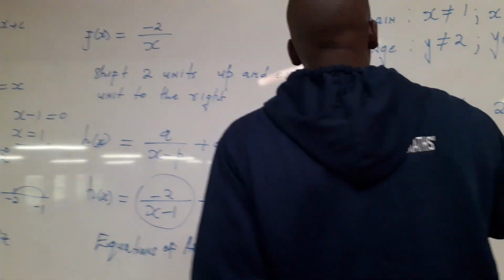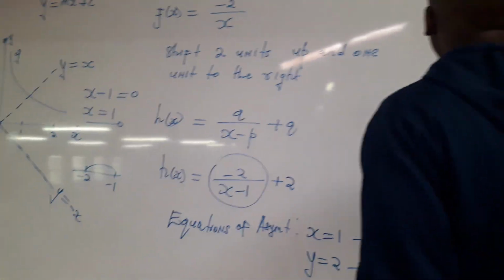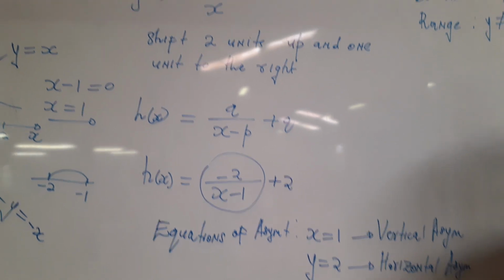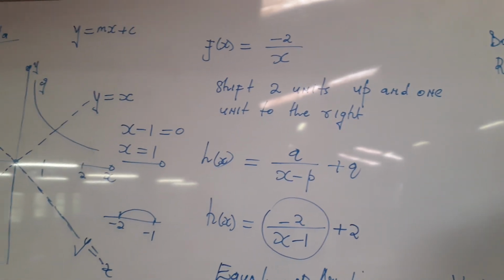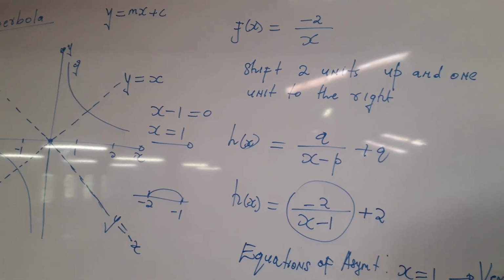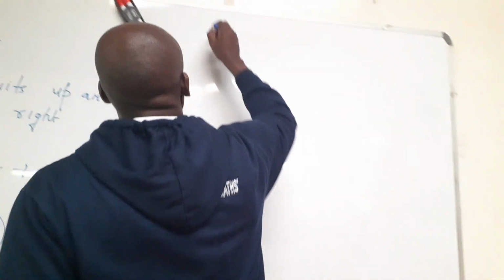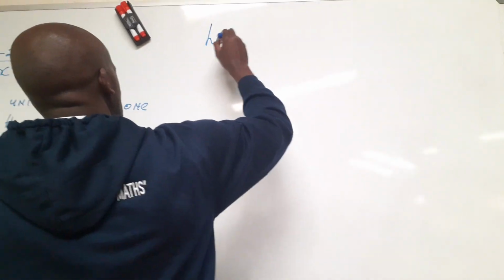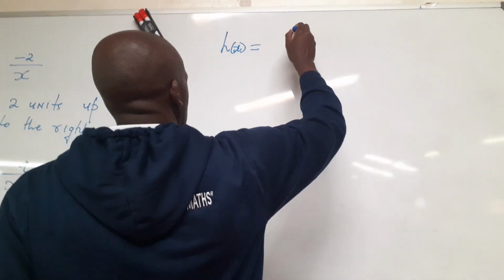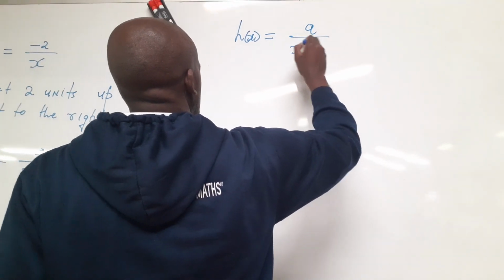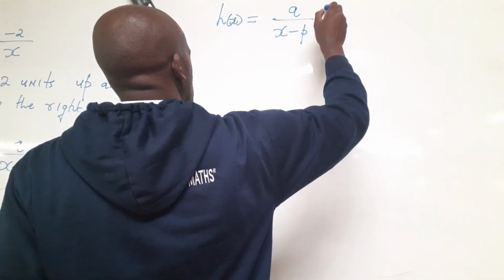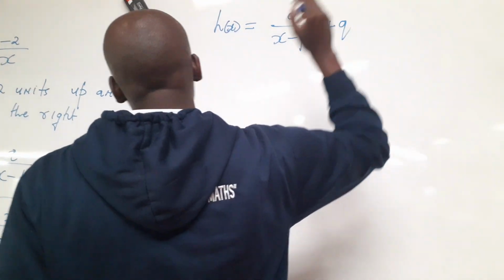Right, now we are to find the equation for the axis of symmetry. Equations for the axis of symmetry. h(x) is equal to a over x minus p plus q.